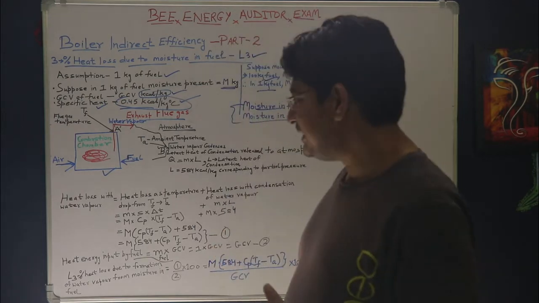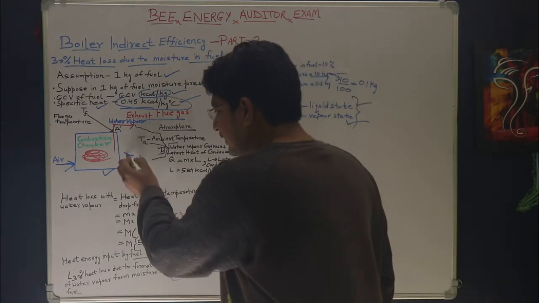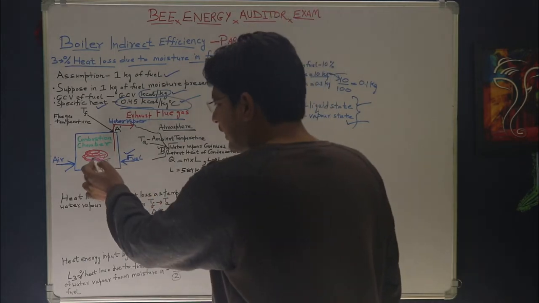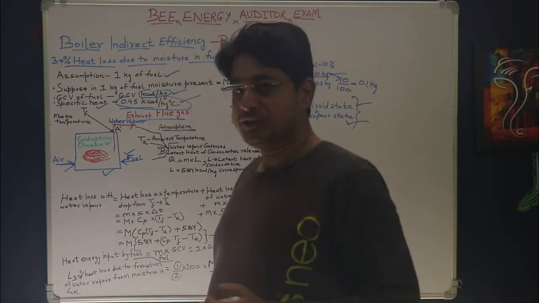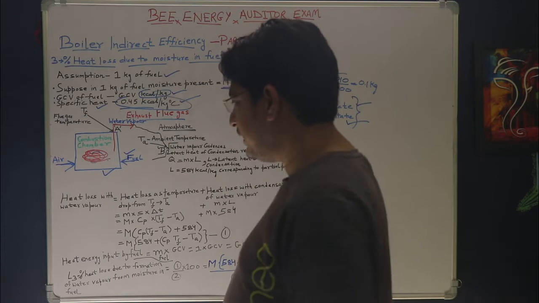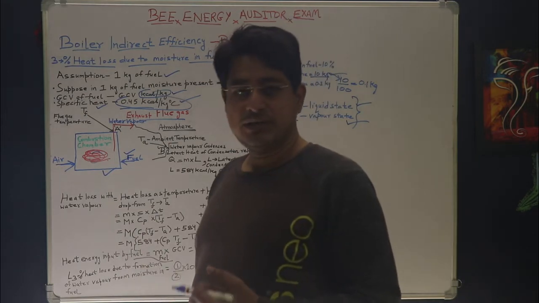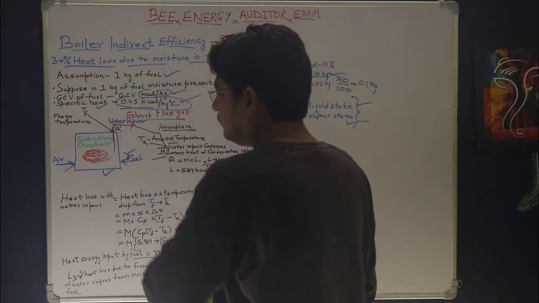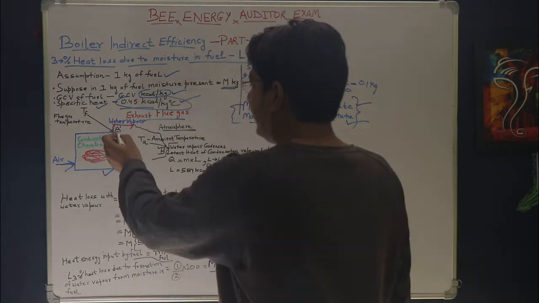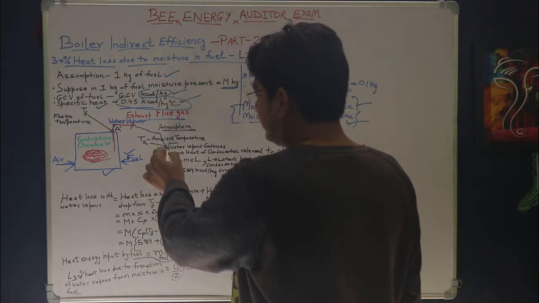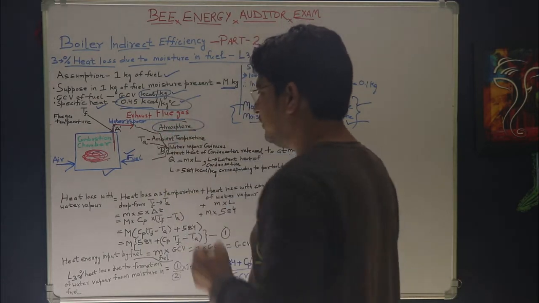Now friends, you can see here that the moisture present in this fuel enters along with the fuel, and in the process of combustion it gets converted into water vapor by absorbing the latent heat of vaporization, and then it leaves from the exhaust and finally reaches the ambient space, that is the atmosphere.